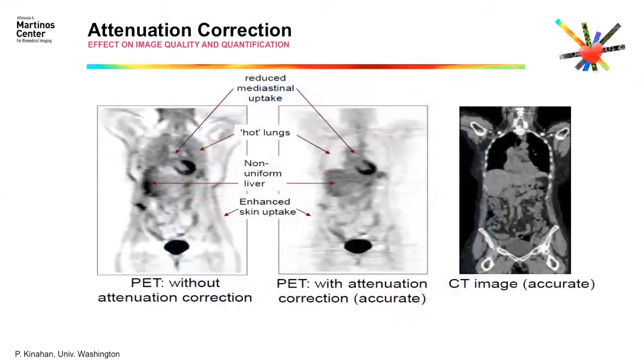So how important are these corrections? Well, attenuation is the largest correction for PET imaging, and it can be really huge. And this is an example in the whole body of how much it affects. You will realize that before attenuation correction, a lot of the tissues that are very low attenuating, like lungs, for instance, have much higher intensity than other tissues that are more dense, like muscle, for instance.